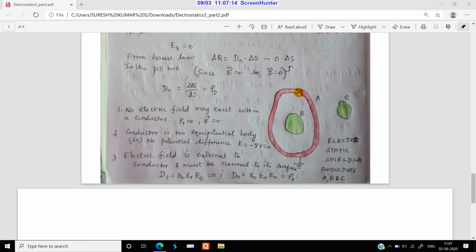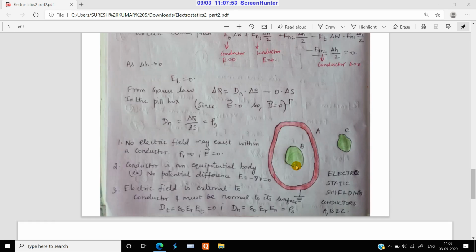So we can make shielding of conductor B by the conductor A from the conductor C. If we need to shield this particular B conductor, we are going to use this A conductor as a shield, and if you ground it, this particular conductor A is going to act as a shield for B from the electric fields which are coming from this particular C conductor.